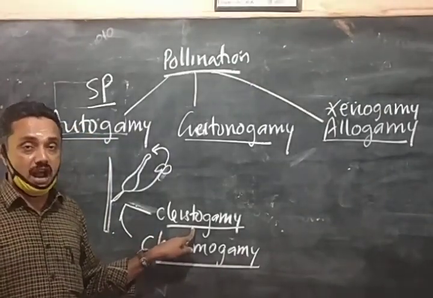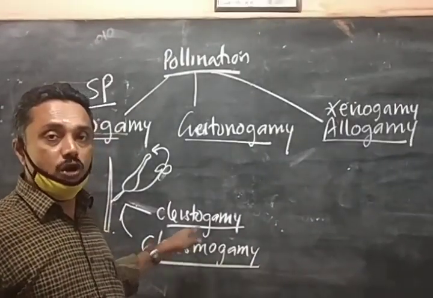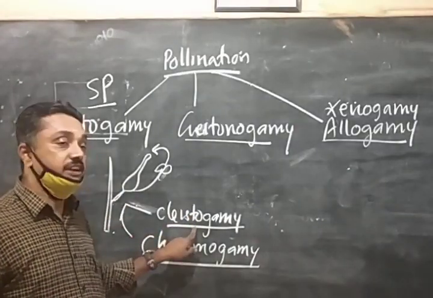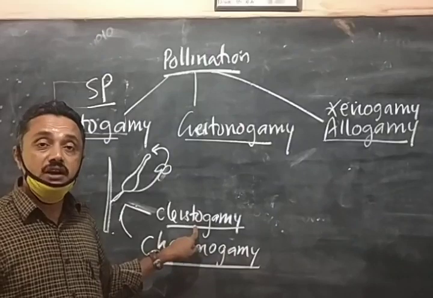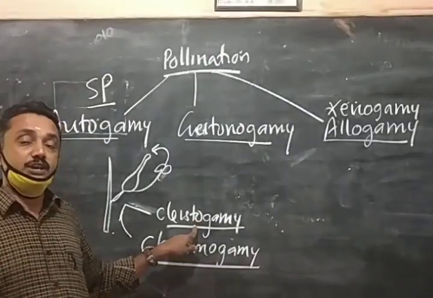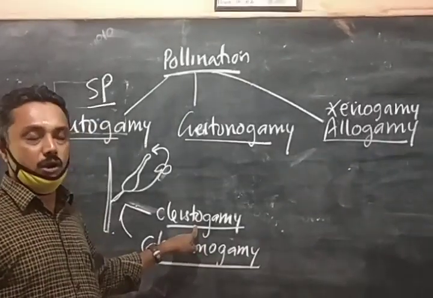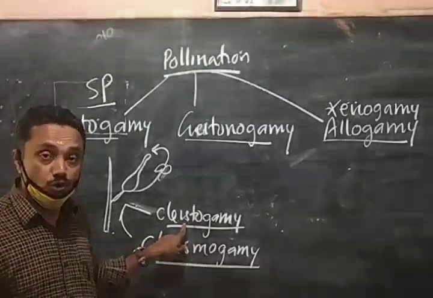In some plants like Oxalis, flowers are always closed, they will not open, and in such flowers pollination takes place. So pollination taking place in a closed flower is called cleistogamy, and such flowers are cleistogamous flowers.